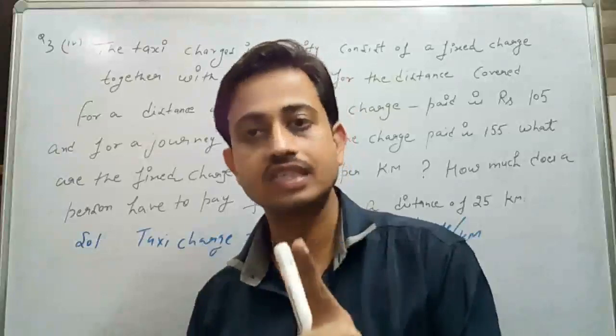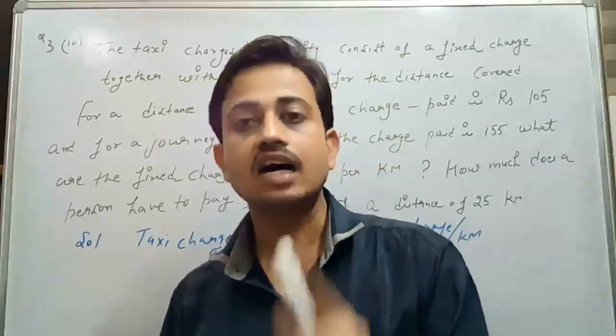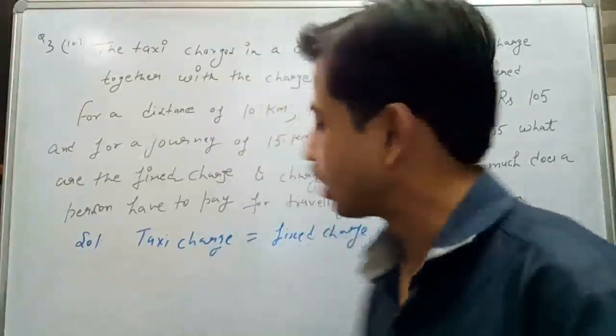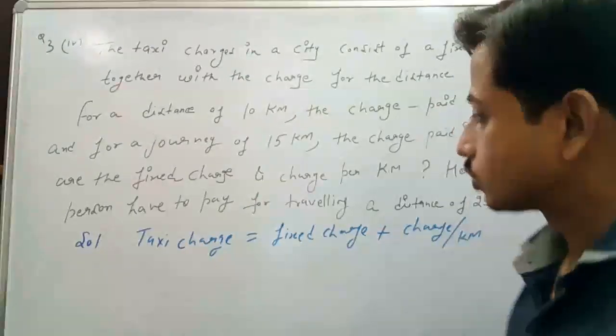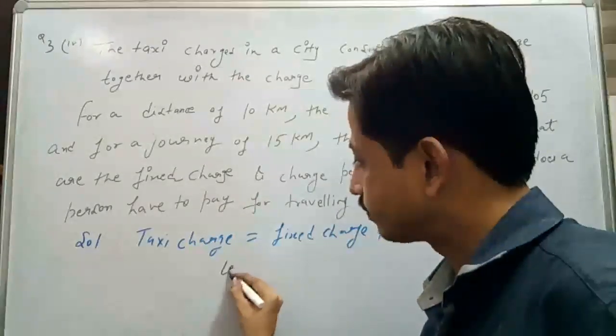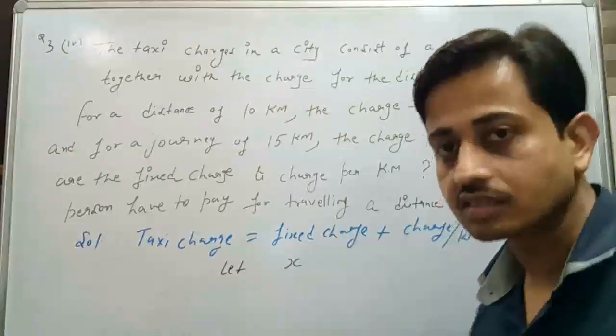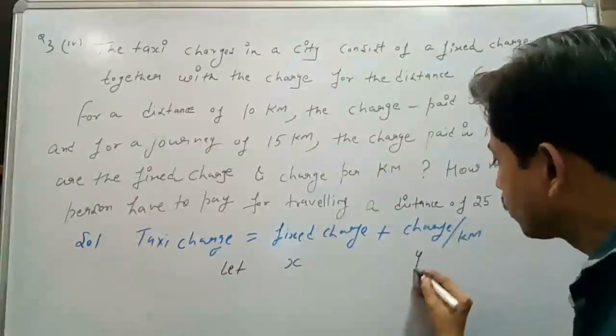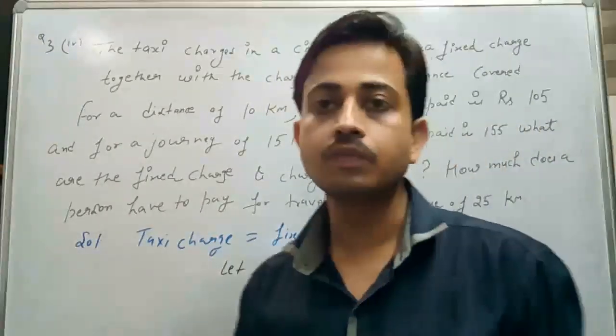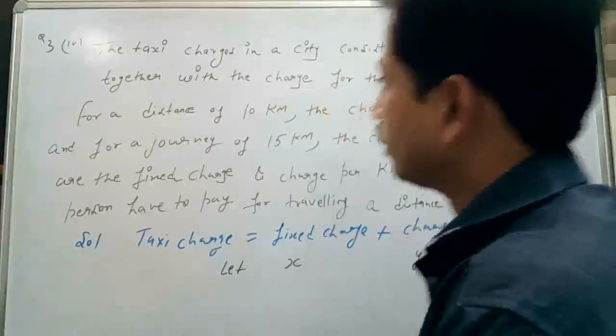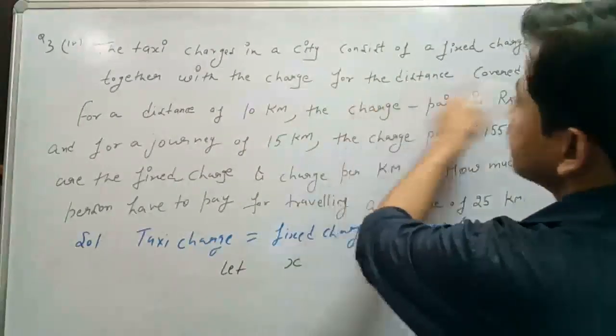One is fixed charge plus the second one is charge per kilometer. But we don't know how much the fixed charge is. So I am considering, let the fixed charge be x, and the charge per kilometer be y. I am just letting these. Now read the sentence.